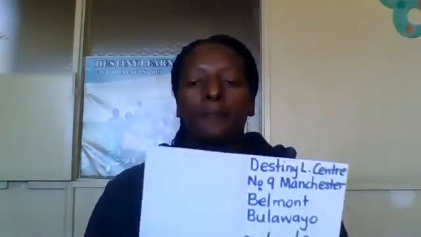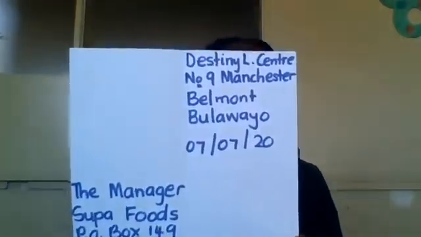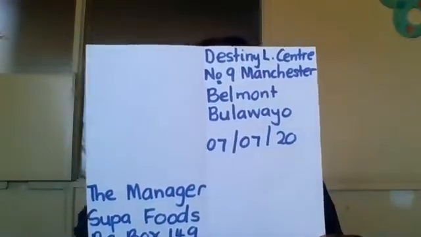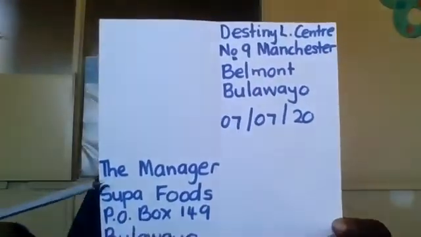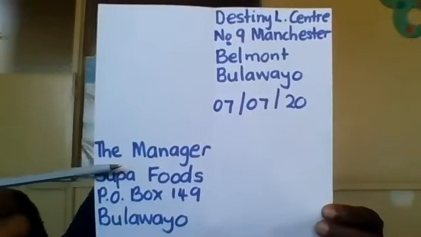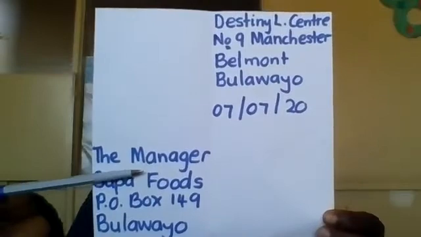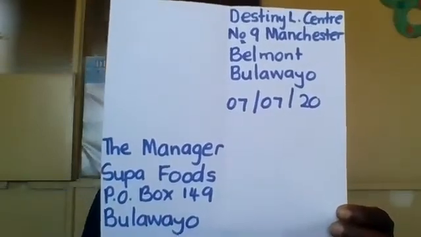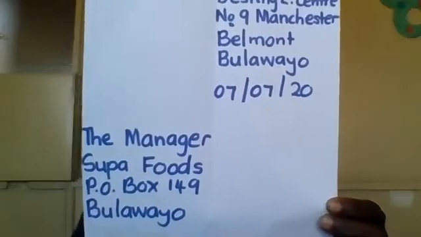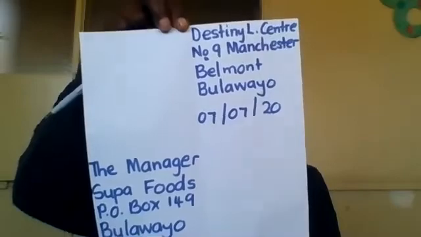Make sure that you always use a clean page, nothing written on, and you start right there at the right hand corner, and that's where you write your address. On the left hand side we can also have the address of the place where you are applying to. It can be a supermarket, it can be a school if you are applying for a place. So this is the way that you can write your address on a formal letter.